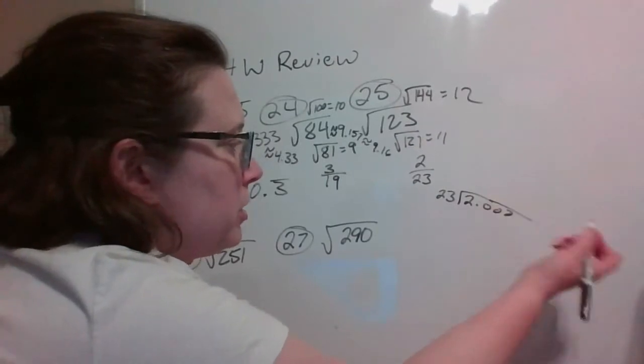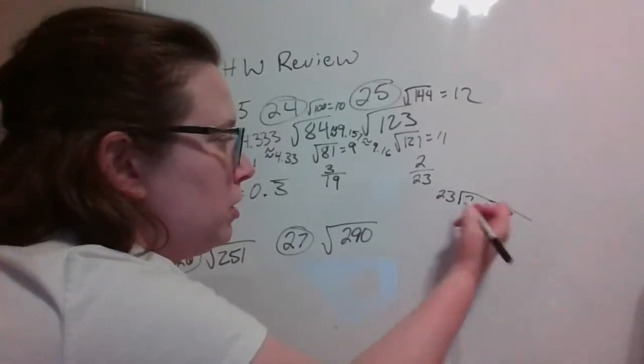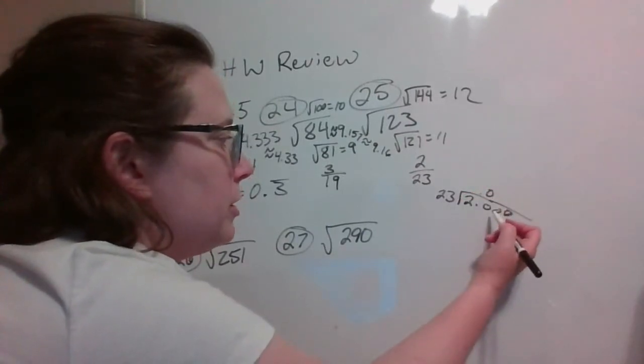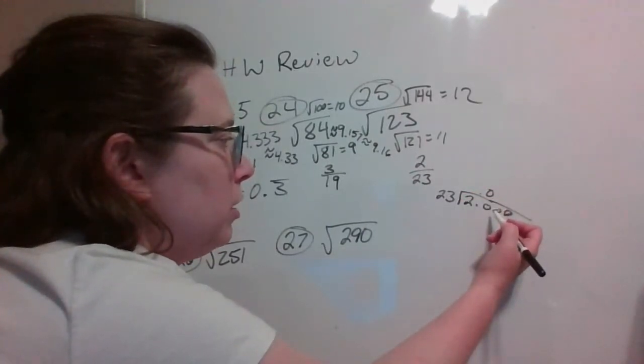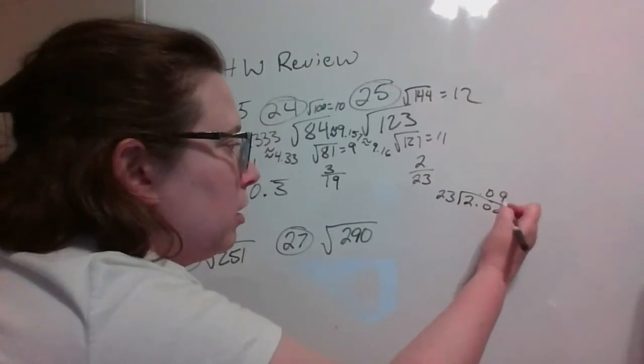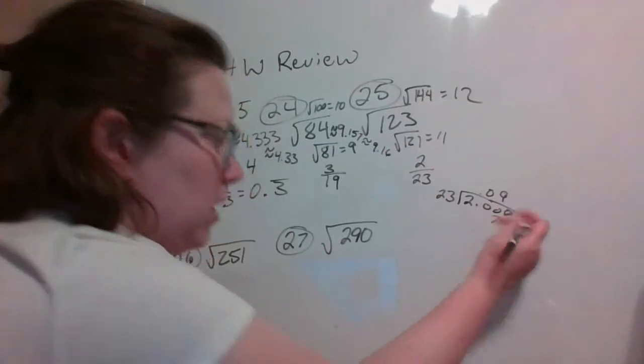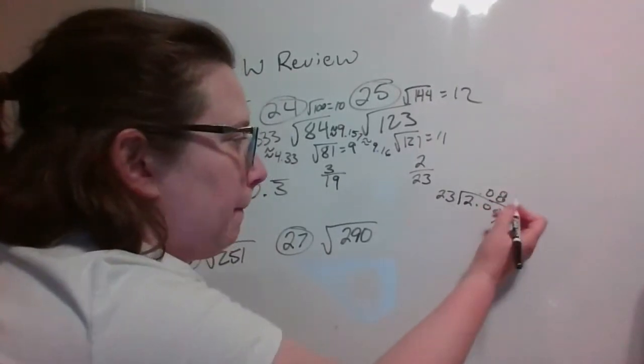And remember, we're always taking that out to 3 decimal places. The first one is 0, that's handy. The second would be 9. No, wouldn't it be 8?